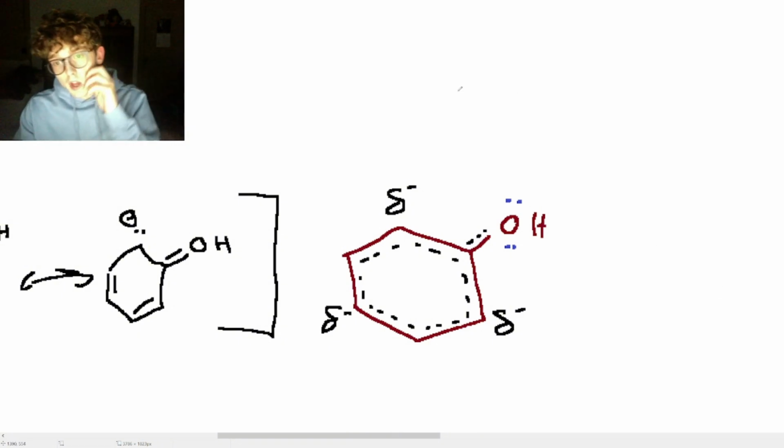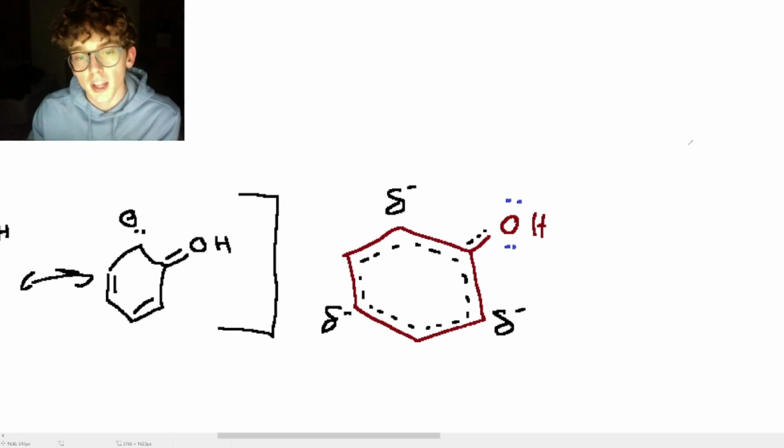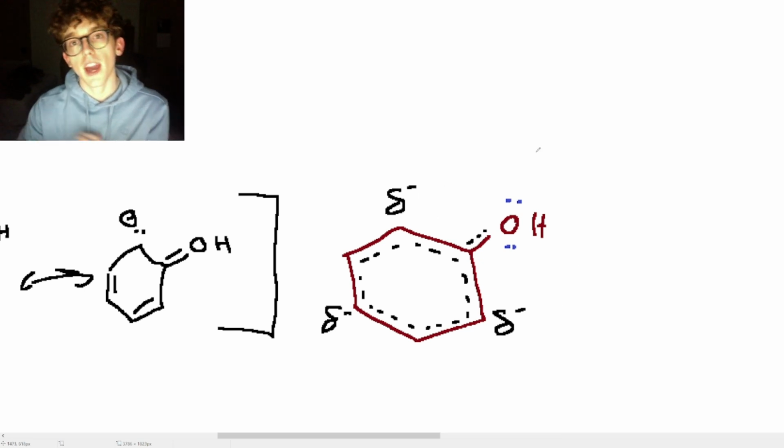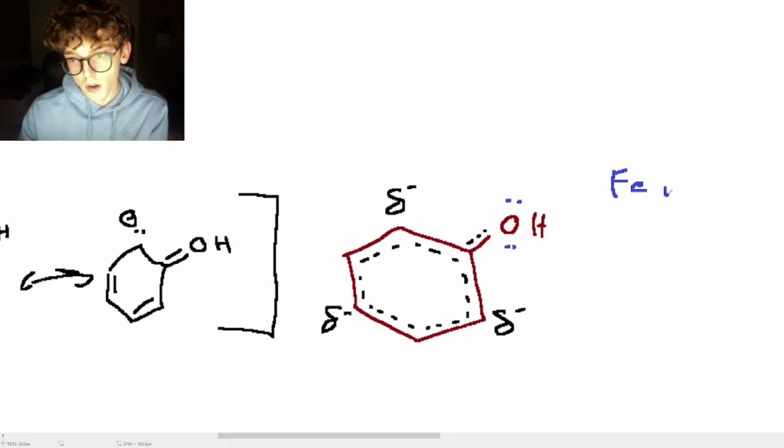So if some electrophile was coming in to react, it's probably going to want to pick the spot that's more reactive, and that's going to be at these partially negative areas. So if I were that bromine, it would be through this FeBr3, and then there's that Br here, right?